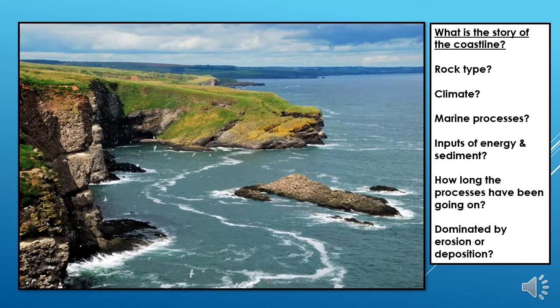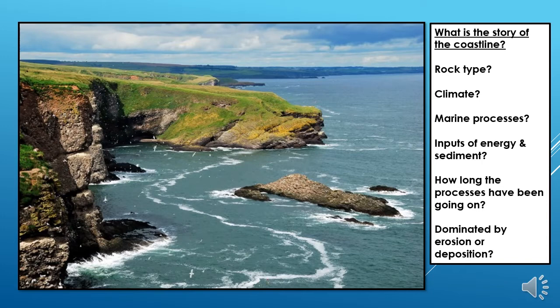So if we look at this, the rock type, hopefully you can see that it's quite hard rock, and there are signs that it is sedimentary rock. So for example, right in the middle of the picture, the bit that juts out into the sea with the yellow on it, you can see that the line goes out at an angle just towards the end of the headland.